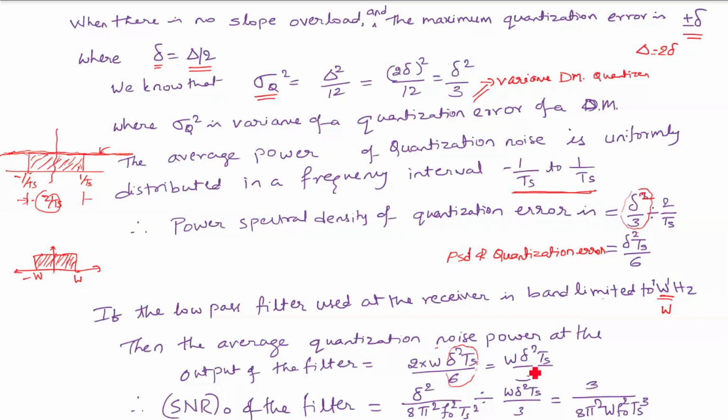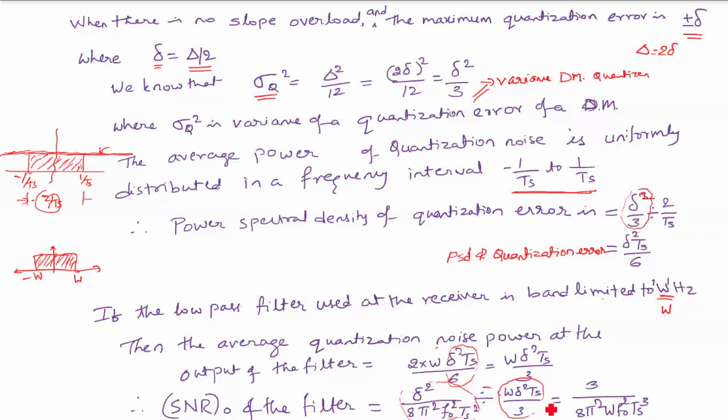Therefore the SNR, signal to quantization noise ratio at the output of the filter, is signal power by noise power. So this is delta square divided by 8 pi square F naught square into Ts square, which is the signal power, divided by the noise power at the output of the filter, W delta square Ts divided by 3.